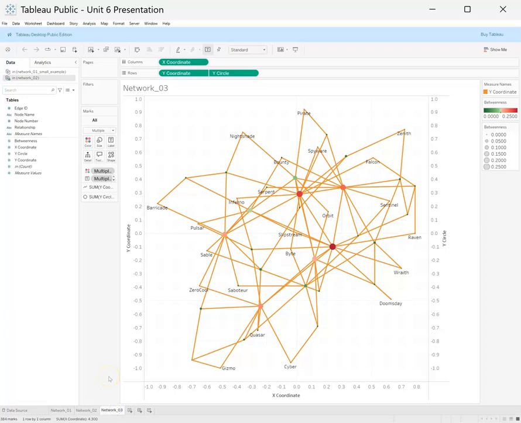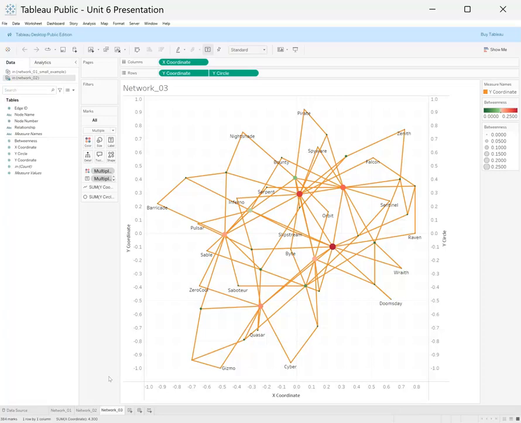Now let's look at the Network 3 dataset. This dataset represents a moderately complex network with 50 unique nodes and 49 distinct connections. The structure suggests a moderately robust configuration, with key nodes like Nebula and Starhawk exhibiting high betweenness centrality.